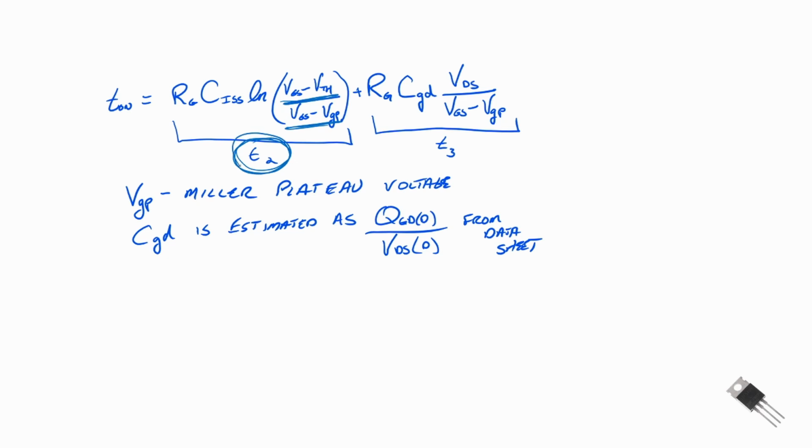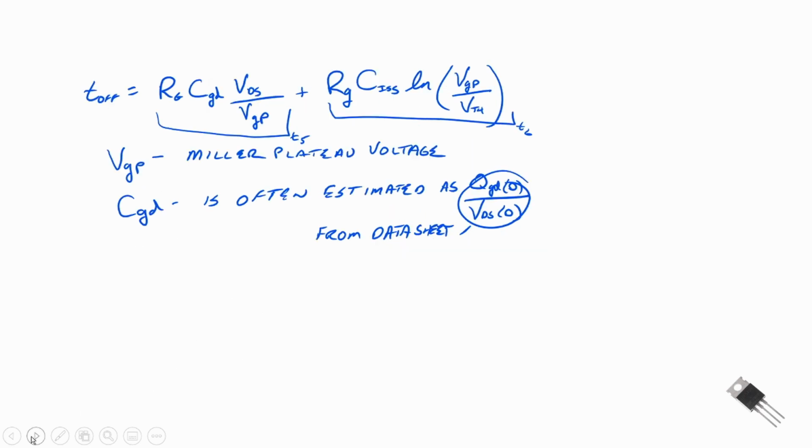T2, if you recall, was the time it took from threshold to Miller plateau, and T3 was the time it took from Miller plateau until we were into the linear or ohmic region, and then the gate to source started to go up to its final value. So that's our T on. For this one, the T2 is going to be near 0.